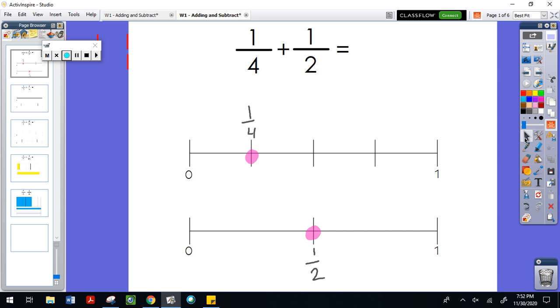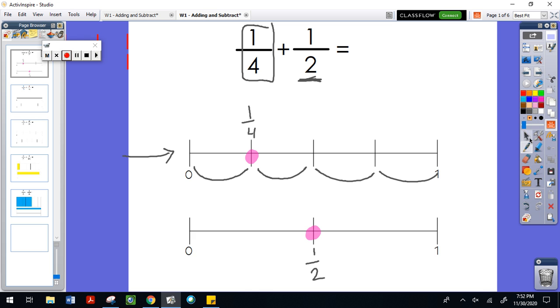So what I'm going to do is take this top number line, 1/4. So I'm taking this fraction, 1/4, and I'm going to use the other denominator, which is a 2. Now, let's talk about that. Between each of these two lines, I'm going to partition it into two smaller pieces.